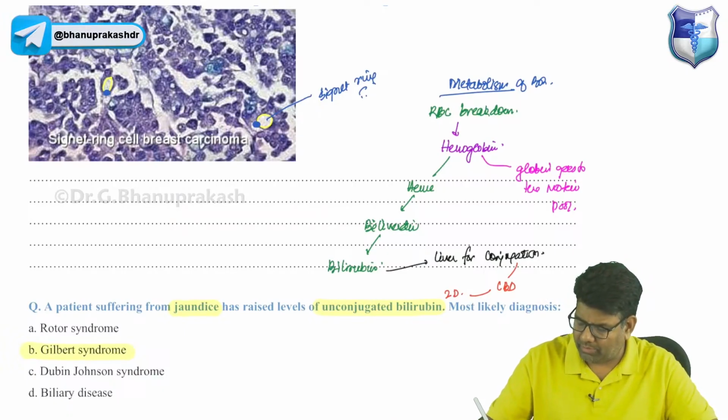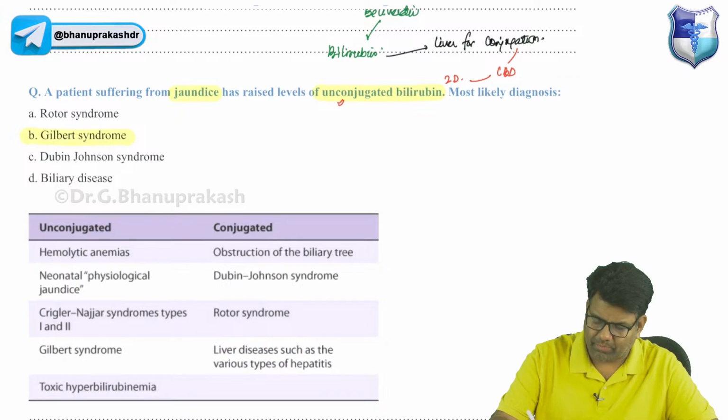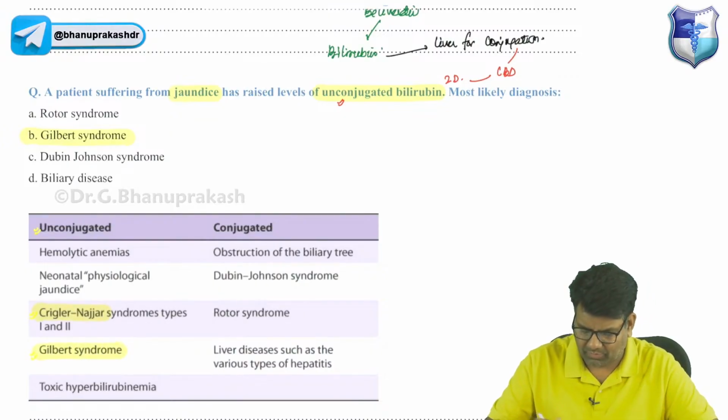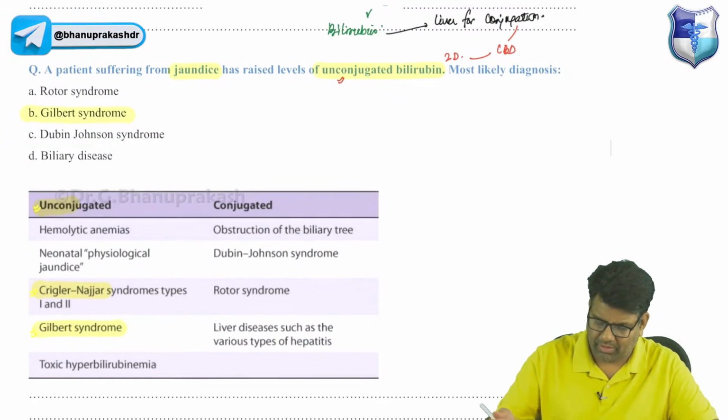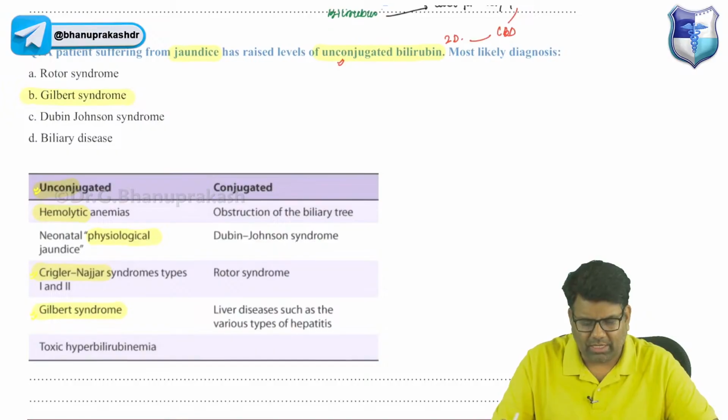So, if it remains unconjugated, then we will say that it is unconjugated bilirubinemia. This is seen in Gilbert. Just remember two conditions: Gilbert and Crigler-Najjar, unconjugated. Of course, you can remember hemolytic as well as physiologic jaundice.